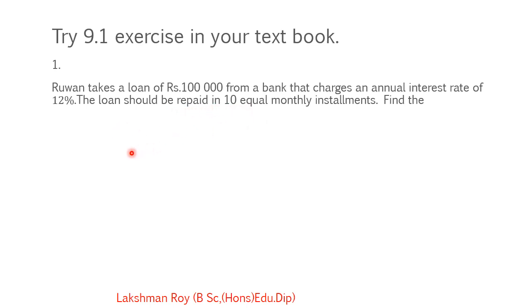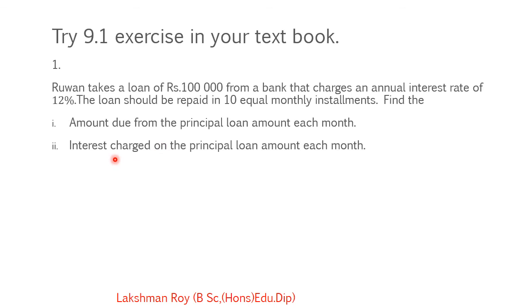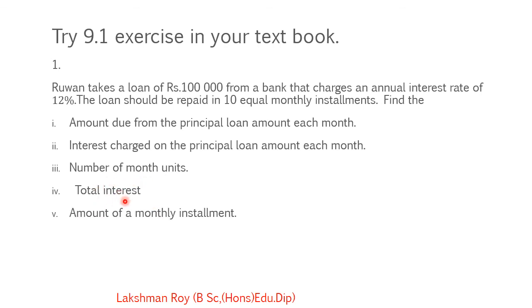Now we want to find these, so I'll ask step by step. First is the amount due from the principal loan amount each month, that means without interest, what is the loan paid in each month. Second, the interest charged on the principal loan amount in each month. Then the number of month units, and next is the total interest. You can follow this formula. And number 5 is the amount for a monthly installment.